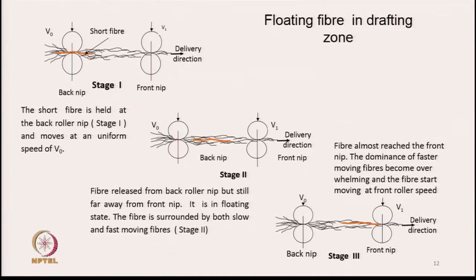Now, once it is released from the nip as shown in stage 2, it is yet to reach the front roller nip. So, during this journey, their speed is completely uncertain in nature.